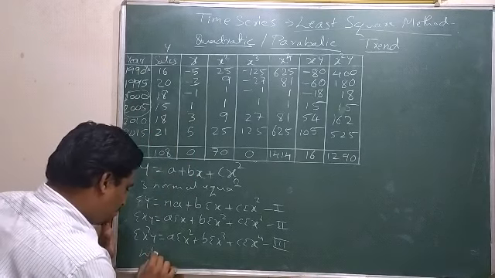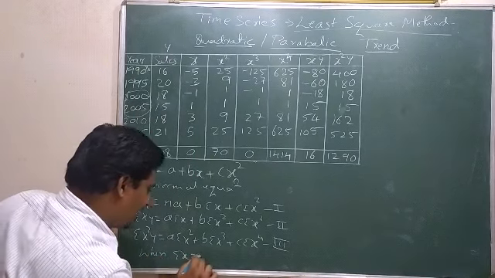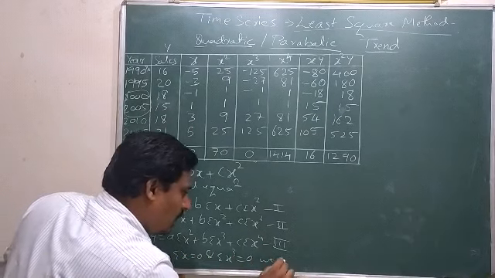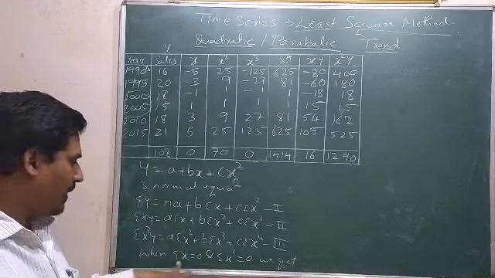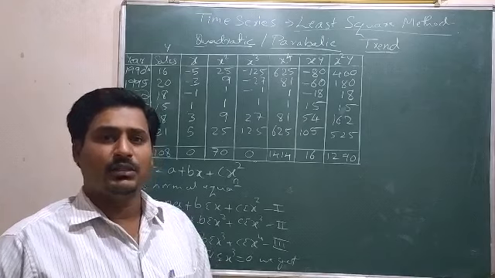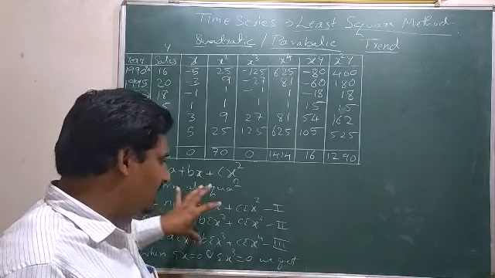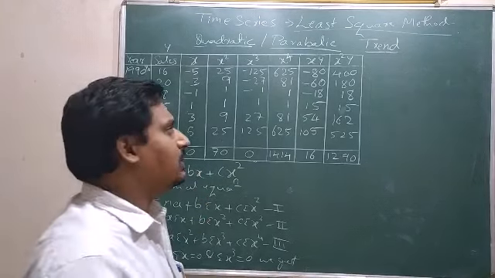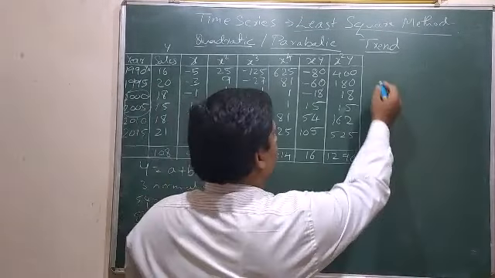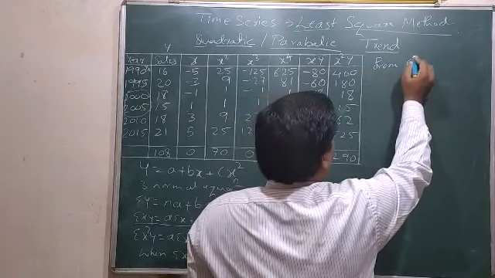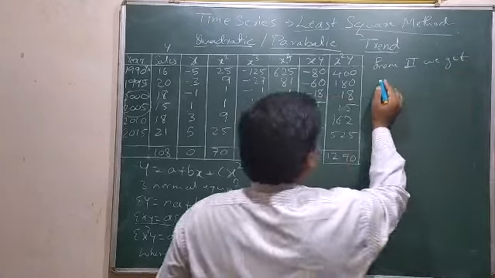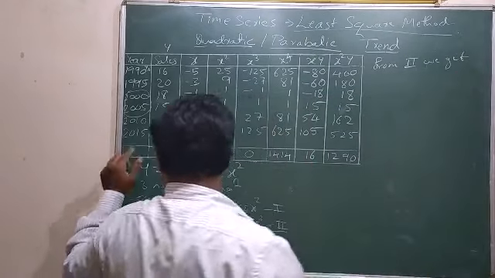When summation x is equal to 0 and summation x cube is equal to 0, and when we put the values in these equations, we get, so first I will write from equation 2, summation xy.